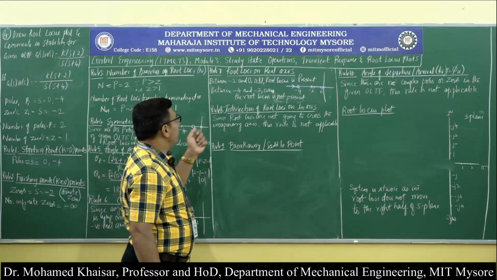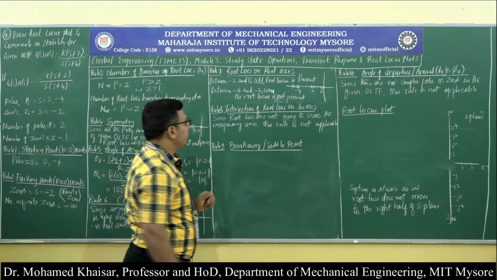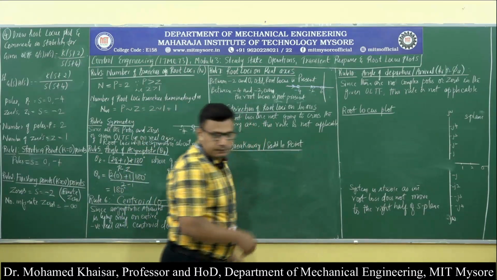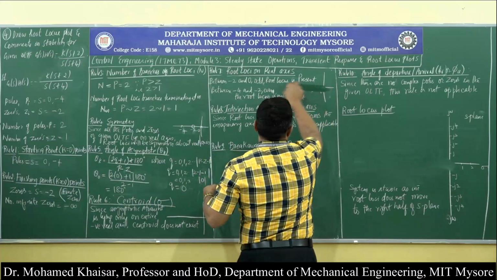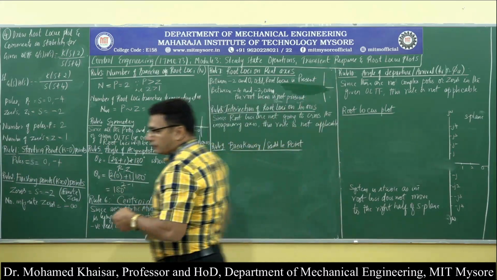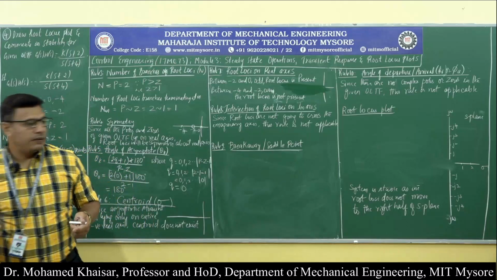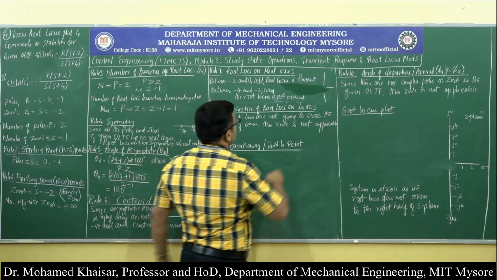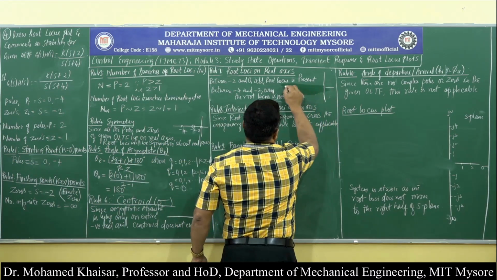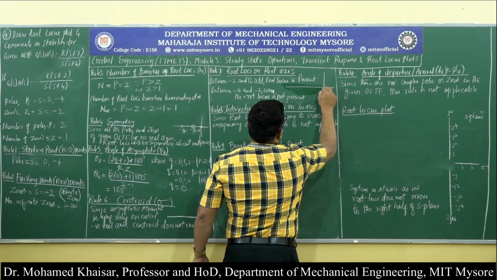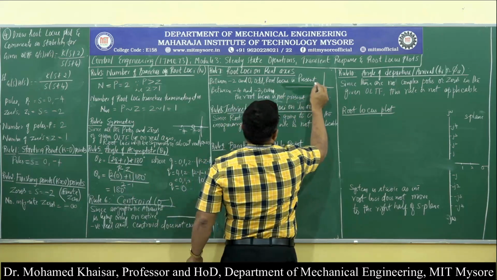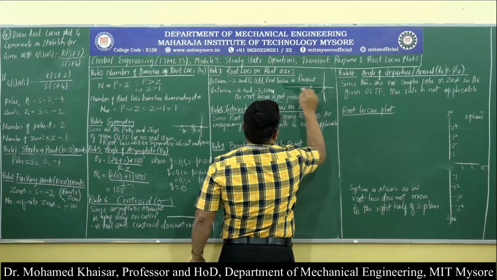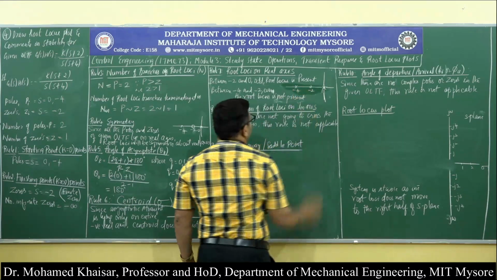Then root loci on real axis, that is rule number 7. Here if we just observe, there is a pole at 0, there is a zero at minus 2, and there is a pole at minus 4.